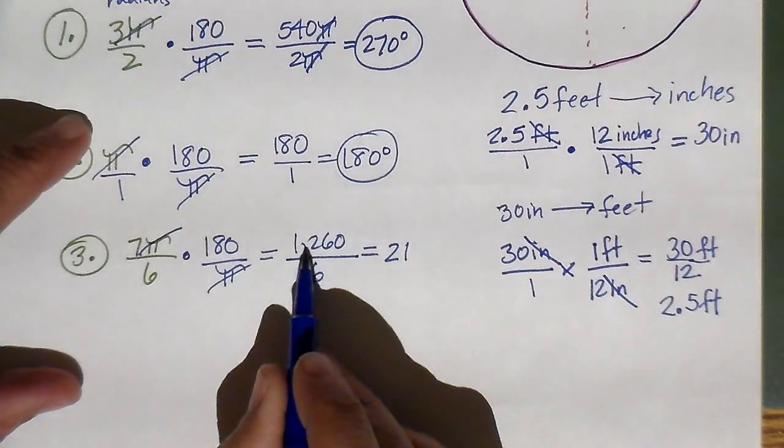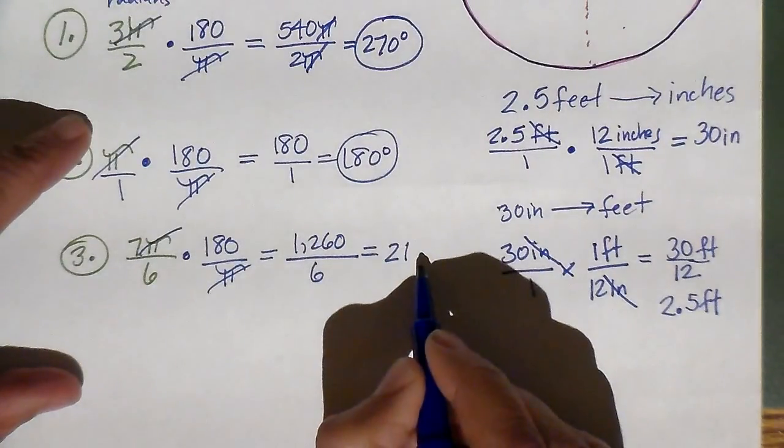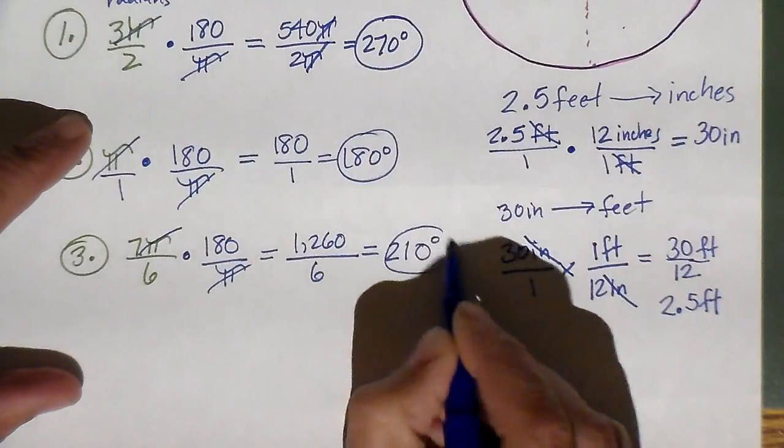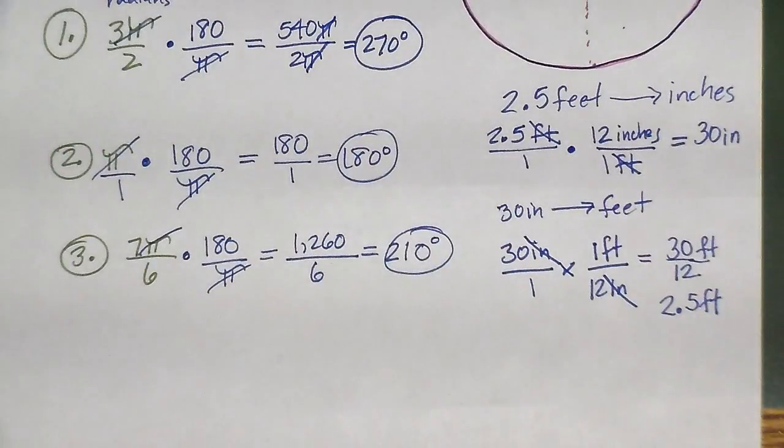Okay, twice. And then I've got 1 and 0, so 210 degrees. So 7 pi over 6 is 210 degrees. So that is how you convert from radians to degrees.